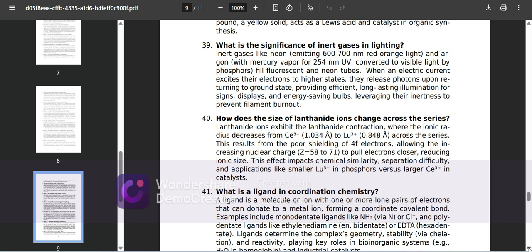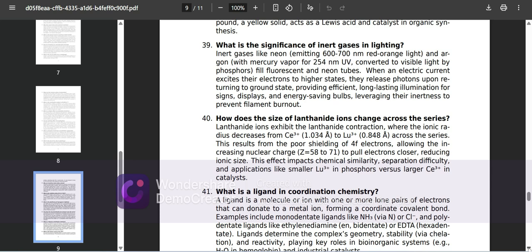What is the significance of inert gases in lighting? Inert gases like neon emit 600 to 700 nanometer red-orange light, and argon with mercury vapor emits 254 nanometer UV, converted to visible light by phosphor-coated fluorescent and neon tubes.